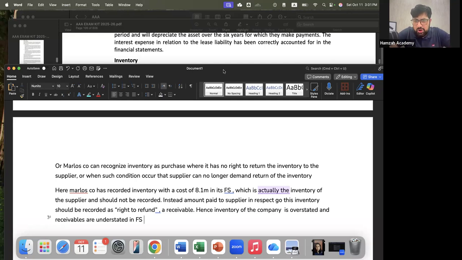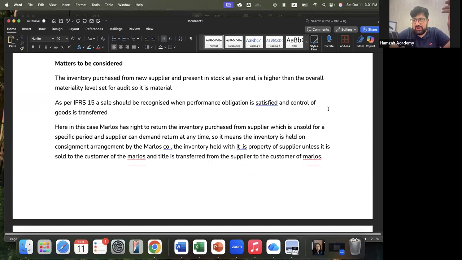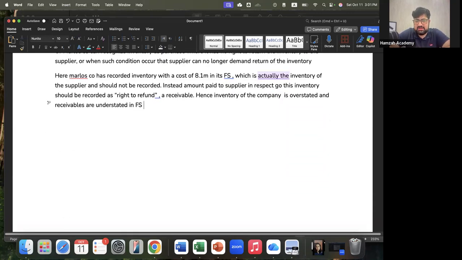Now, being auditor, we need to verify the nature of the contract, details, purchases, payments. Okay? And again, incorrect treatment.